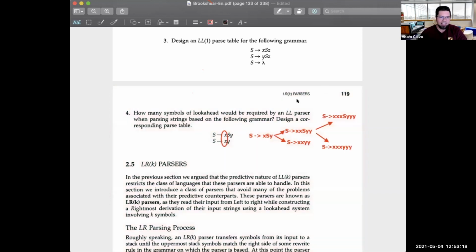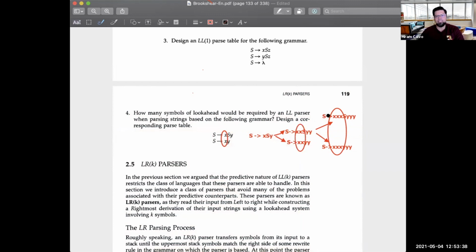And again, if we examine the first three symbols, we will see that it's not possible to apply an LL3. So we cannot do that for an LL1, we cannot do that for an LL2, and we cannot do this for an LL3 either.